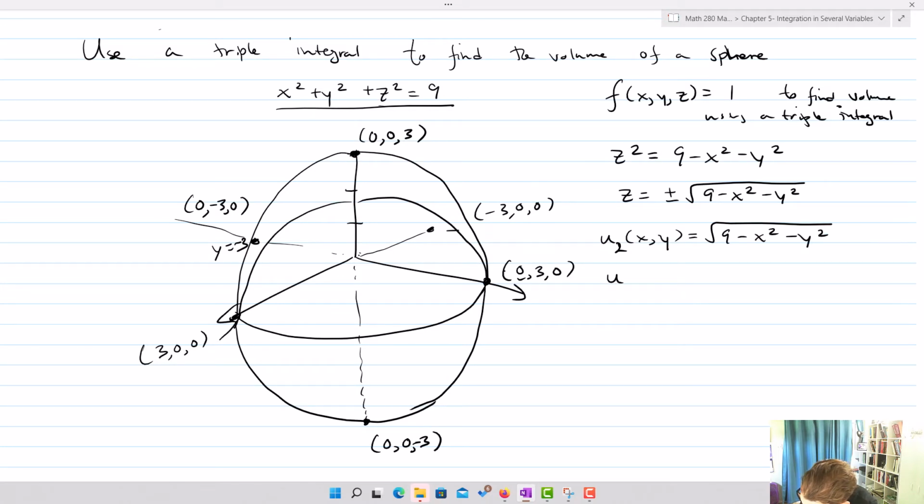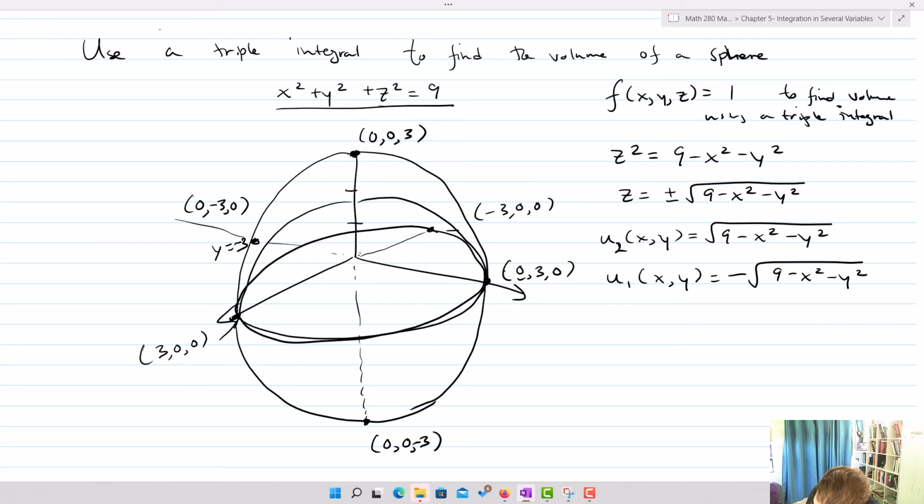And the bottom, u1 of x,y, is going to be the negative square root of 9 minus x squared minus y squared. That helps us define our volume in terms of x and y, and so that's going to be the first set of bounds for our integral. The next thing is to figure out what D is. Now D is this figure right here.